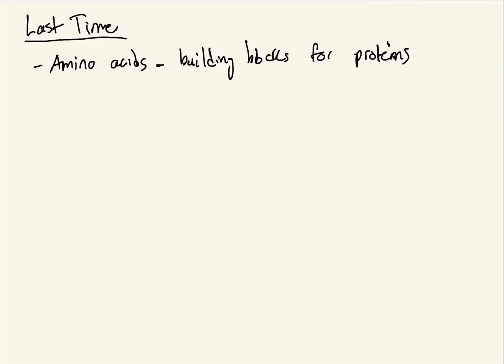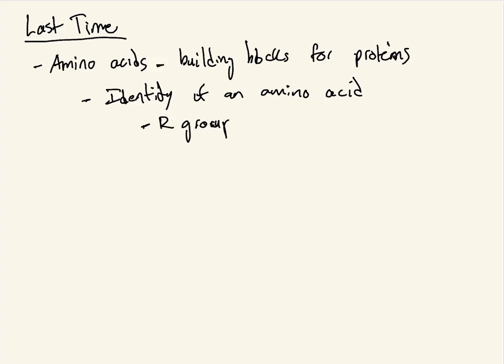So the building blocks for proteins, and how do we get the identity of an amino acid? The R group, right? So we have an R group that gives us the identity of the amino acid. And then we also have, in every amino acid, an N and C terminus.